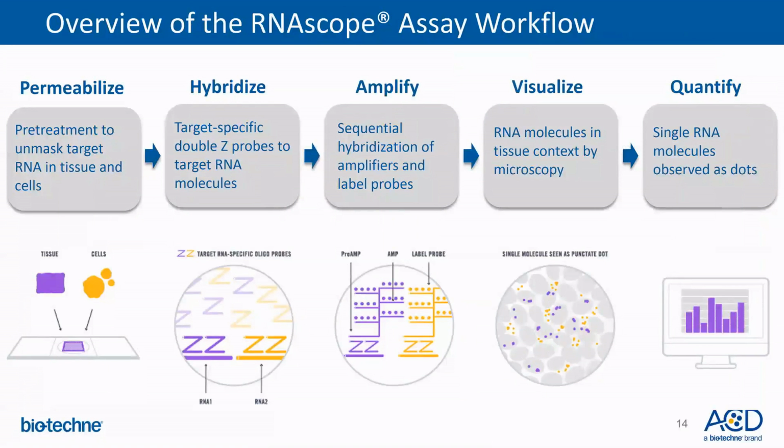And then you will have a sequential hybridization of amplifiers and labeled probes, which constitutes the amplification step. And you'll finally visualize your RNA molecules in a tissue context using microscopy, and you can quantify the RNA molecules, which are observed as punctate dots.